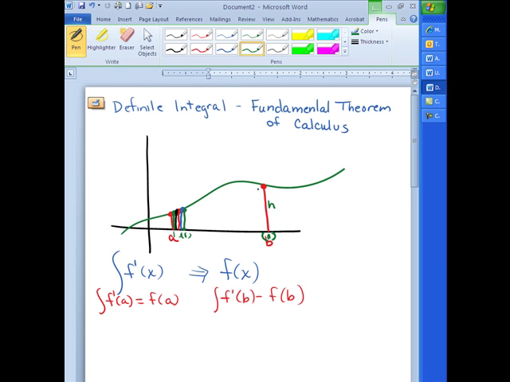Then this red line right here, if I exaggerate it, is a rectangle with width of 1 and height equal to the integral of that function at that point, or also equal to f of b. So integrating a function will give us the height of that segment that goes from the x-axis to the curve.